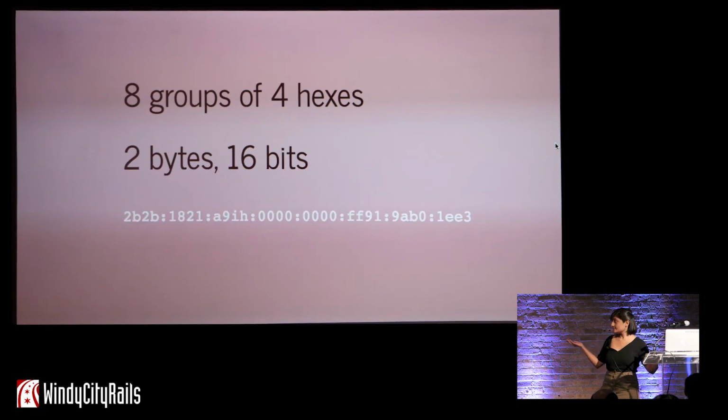And it might look something like this, so you can see that the colons denote each of these groups. So every 2 bytes is separated by a colon. So you can probably look up whether your machine is running on IPv6 and what your IP address looks like. It's a bunch of hexes, spoiler alert.